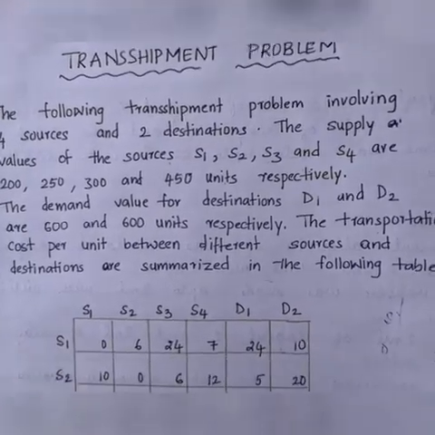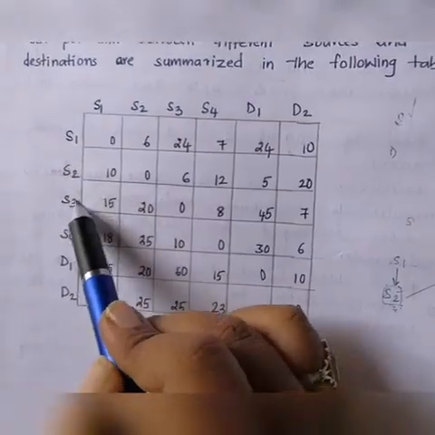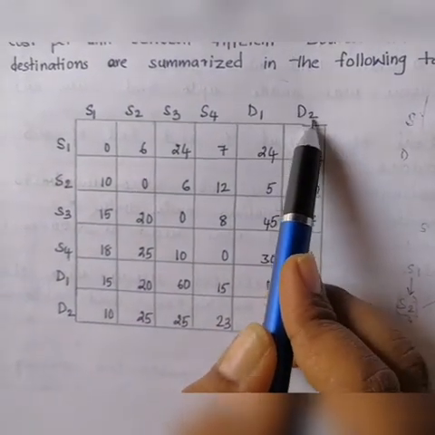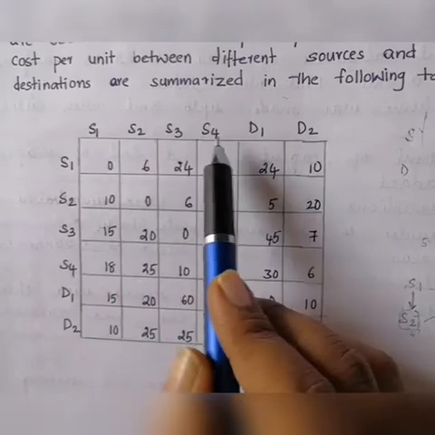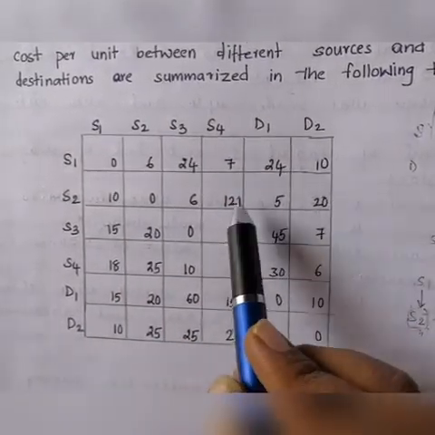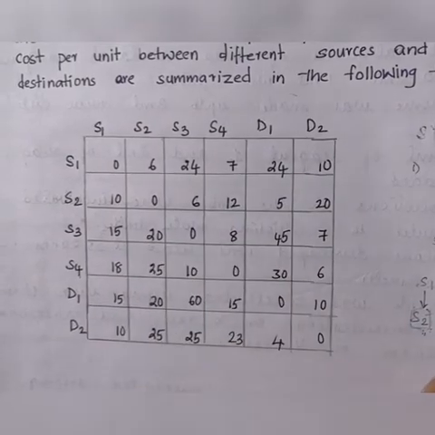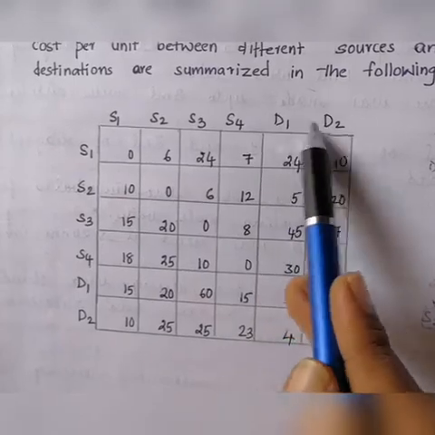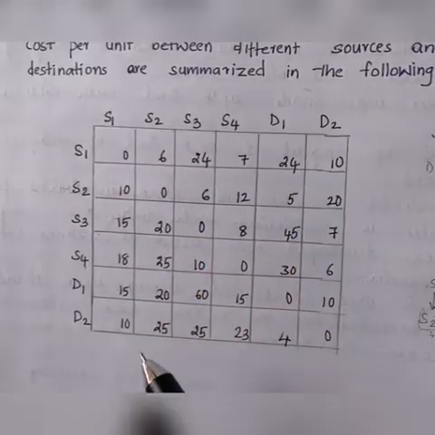Now if you look at this table, there are 1, 2, 3, 4 sources and D1, D2, 2 destinations. Now we said each and every source and destination is a transient node, that is, temporarily they will act as both origin as well as destination. That is the case, so we have written sources and destinations on both sides of the matrix.